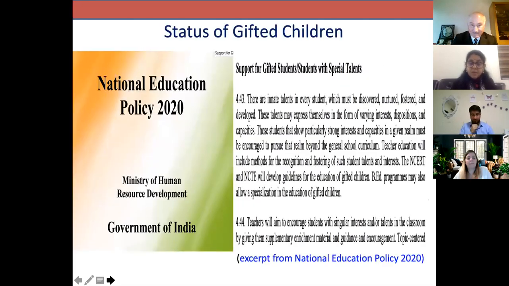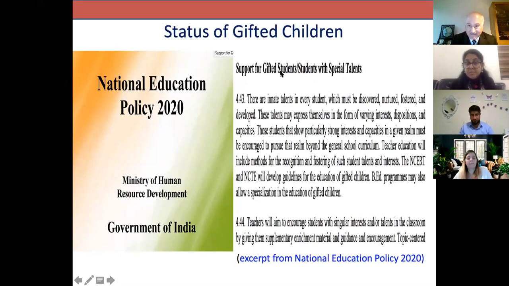The country has recently launched the new National Education Policy. The last policy came in 1986, and now we have the new Education Policy 2020. In this policy, the biggest achievement you could see is a separate special paragraph mentioning support for gifted students and students with special talent.